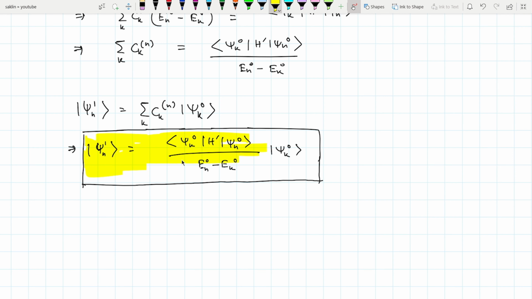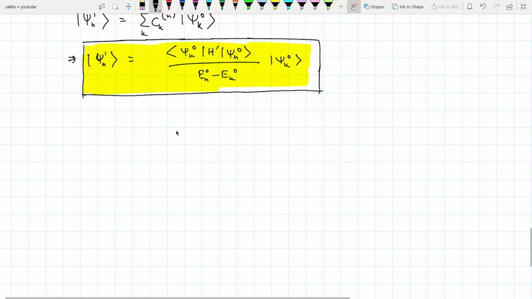I hope you have understood all the concepts and all the derivations. Okay, it is enough for today. I will cover the second order correction to the energy value in the next class.